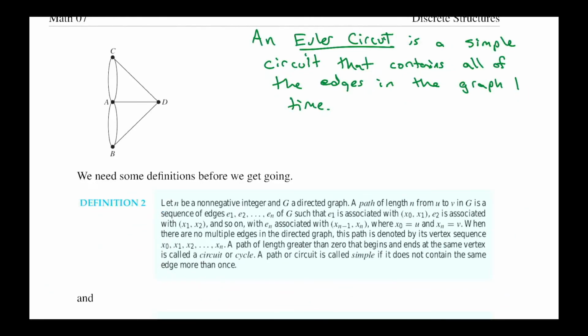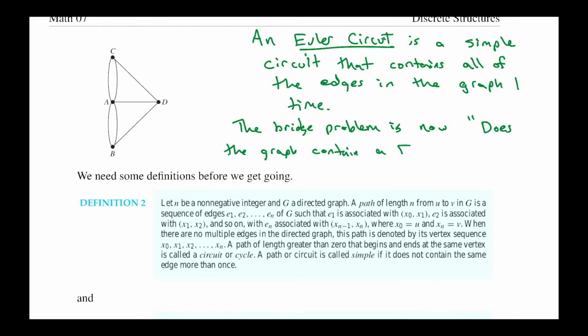And then our problem, the bridge problem, is actually: does the graph contain an Euler circuit?